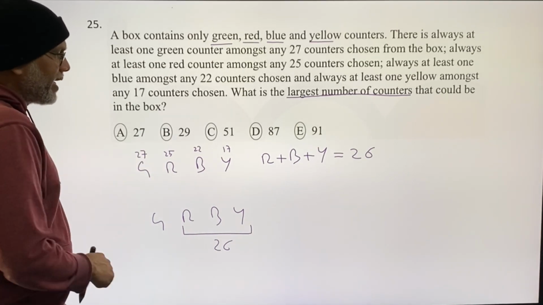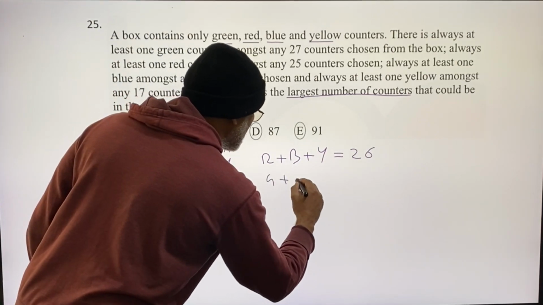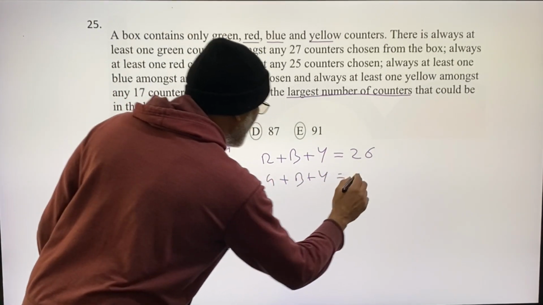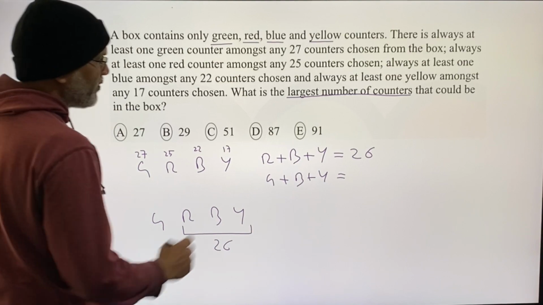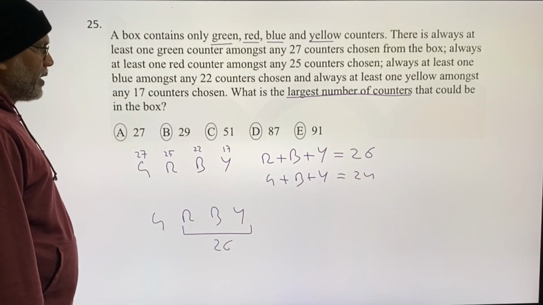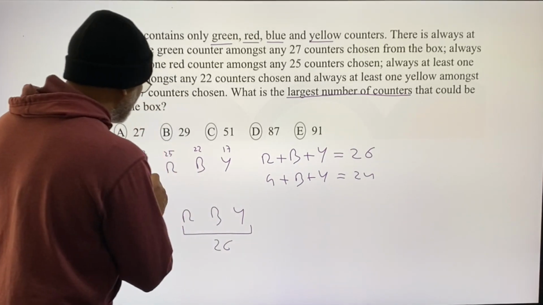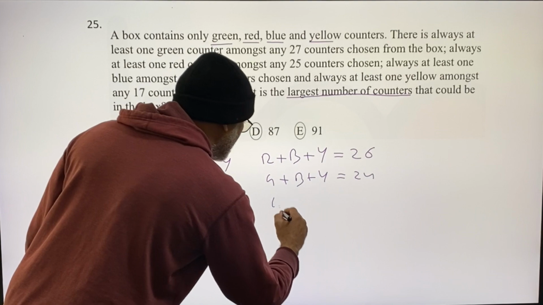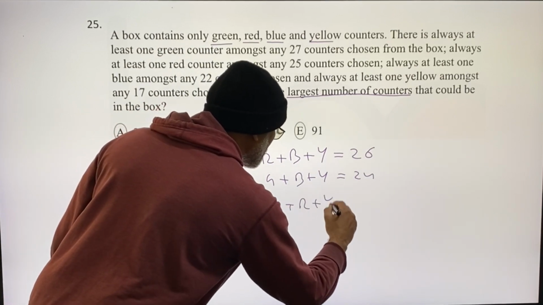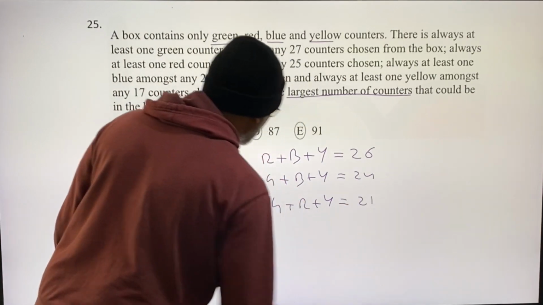Similarly, for red, G plus B plus Y has to be 1 less than 25, that is 24. Similarly for B, G plus R plus Y has to be 1 less than 22, which is 21.